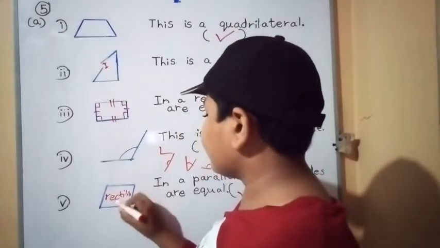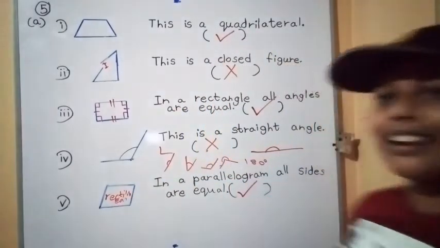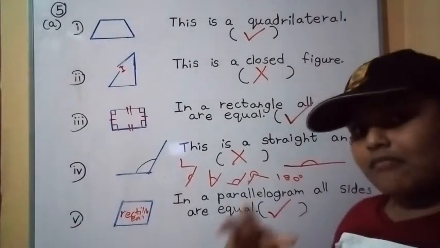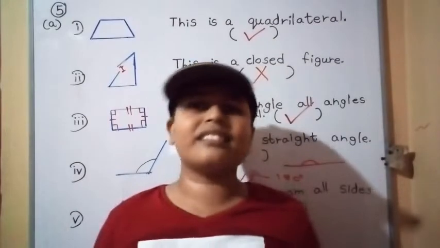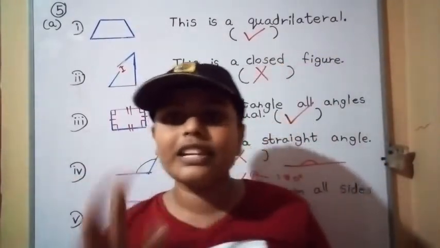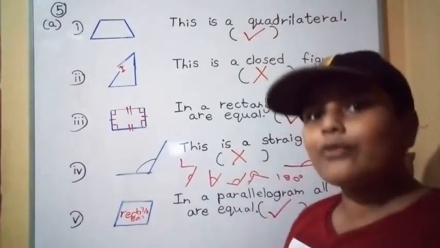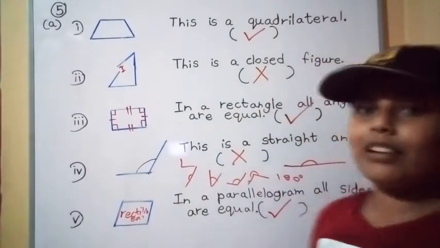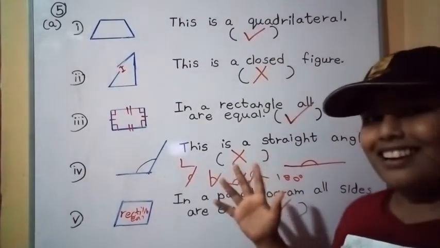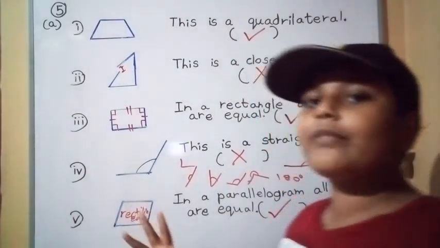Rectilinear plane means the four sides are equal and the four angles are equal to each other. So a parallelogram, all sides are equal, because that is a rectilinear plane figure, right?